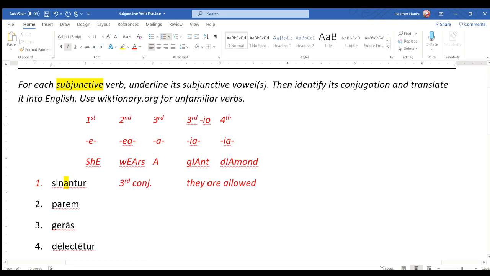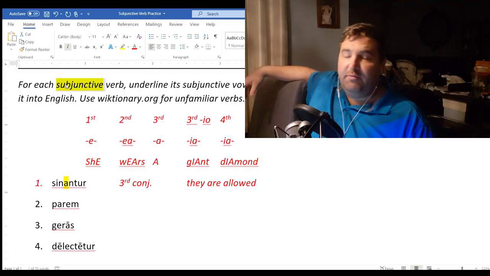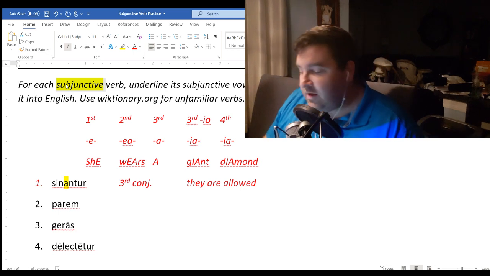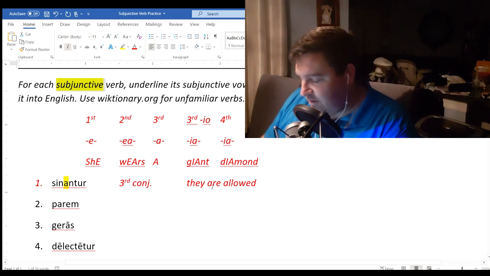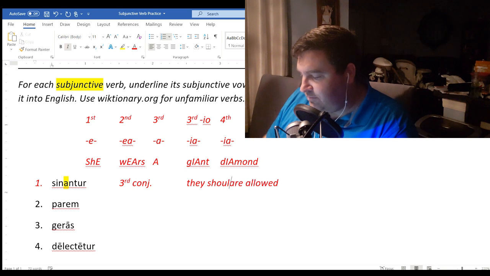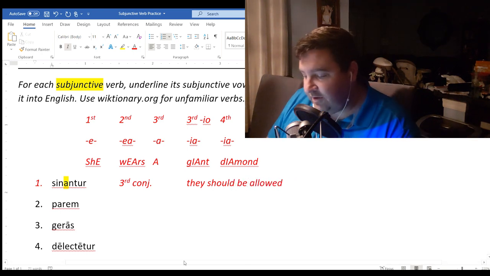But then there's one more thing to consider. These are subjunctive. In chapter 1, you learned that subjunctives, they're either volitive or optative so far. If we assume that it's volitive, which is what a subjunctive verb sitting all by itself would be almost by definition, then you would usually throw in a should. So instead of just they are allowed, how about they should be allowed would be my answer for number 1.